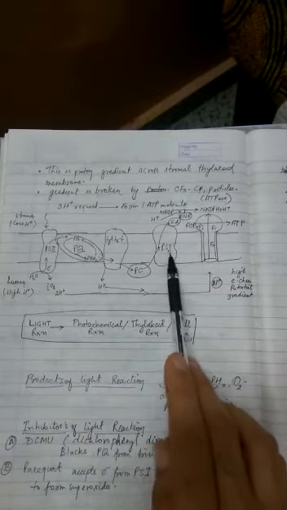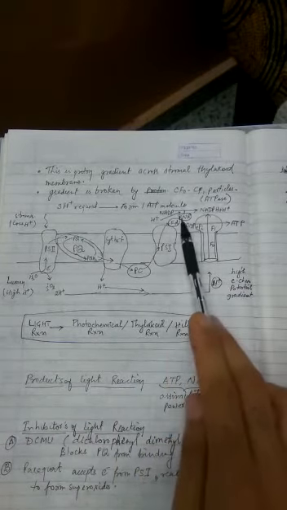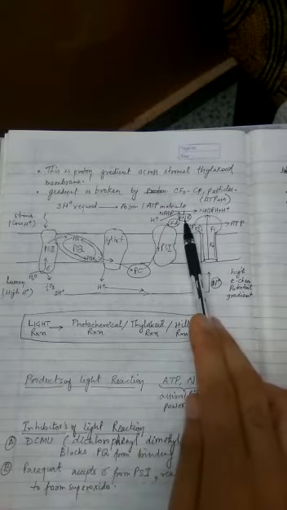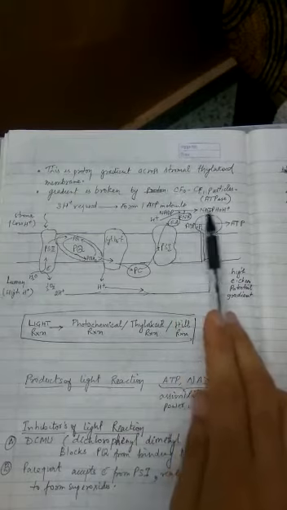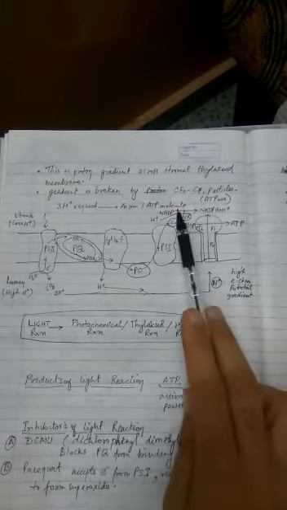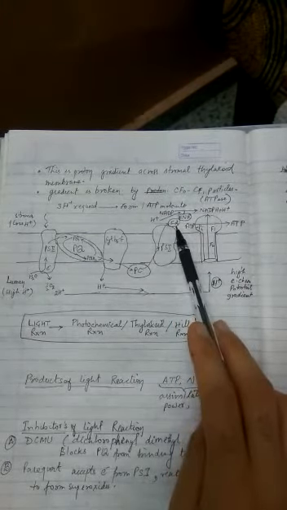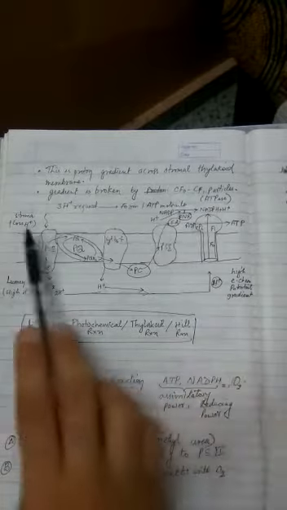Now the next reason is the electron will go to plastocyanin, finally to the photosystem first, then ferredoxin, NADP reductase enzyme. This will cause the NADP to turn into NADPH2. Electrons will come from ferredoxin, hydrogen ions will come from stroma.